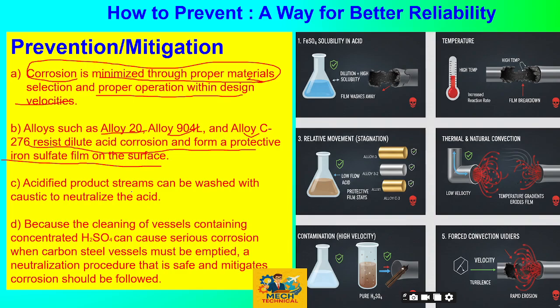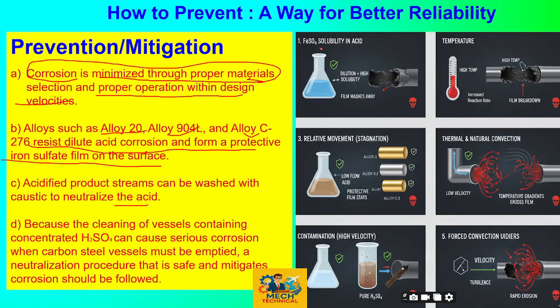Then acid product streams can be washed with caustic to neutralize the acid. So during inspection, neutralization is very important. We have to neutralize it properly for the inspection. So these are the ways to avoid this.